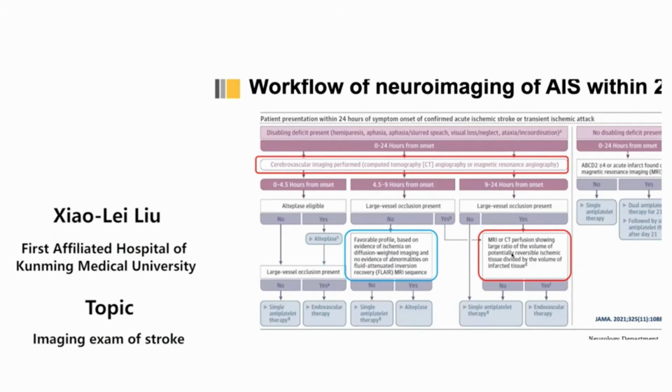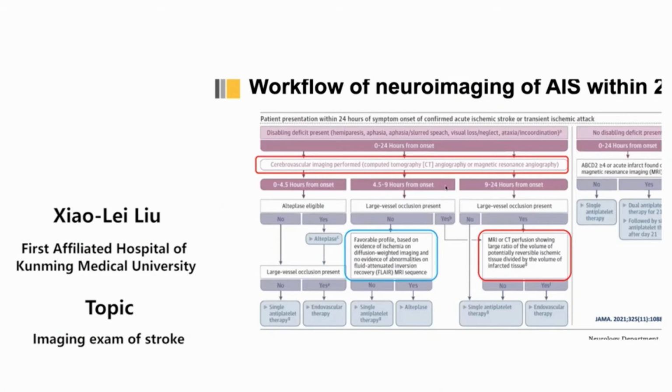If there is any reversible ischemic tissue, we should do the endovascular therapy. If there is not any, we should do the single antiplatelet therapy.